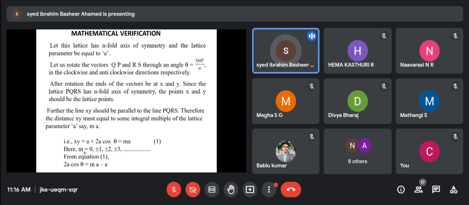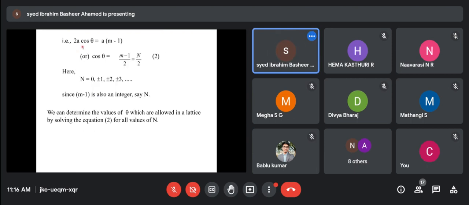So here m is equal to 0, plus or minus 1, plus or minus 2, plus or minus 3 and so on. So from this equation, 2a cos theta is equal to m a minus a, or 2a cos theta is equal to a times (m minus 1), or cos theta is equal to (m minus 1) divided by 2, which is equal to N. Here N we know is 0, plus or minus 1, plus or minus 2 and so on.